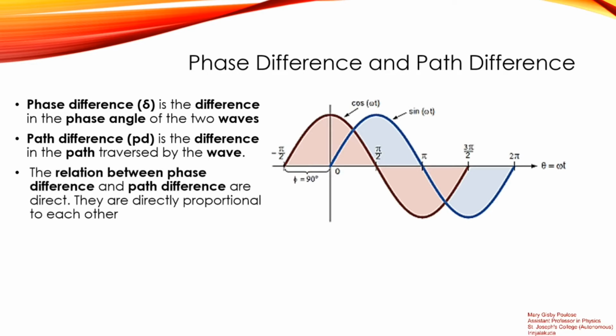The relation between phase difference delta and path difference is direct. They are directly proportional to each other. Mathematically, it is given as phase difference delta is equal to the factor 2 pi by lambda times path difference. The inverse relation can be obtained as path difference is equal to the factor lambda by 2 pi times phase difference delta.